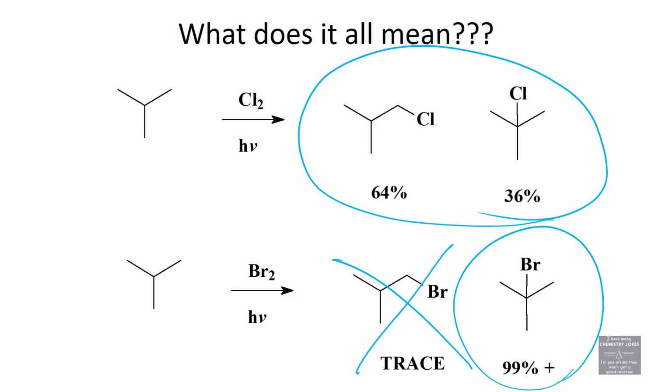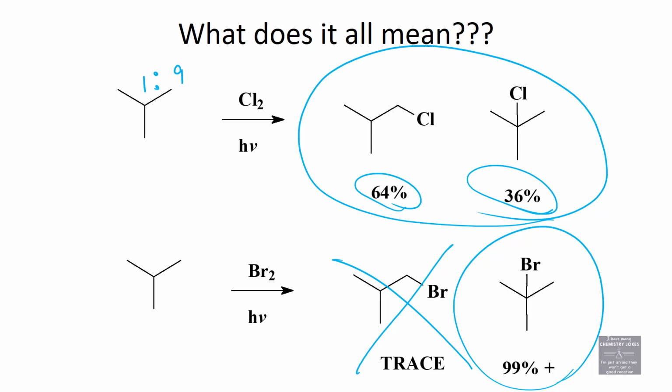So we don't see the statistical ratio of 9 to 1, but we see that statistics does actually play a little bit of a part. Do I expect you to know these kinds of percentages, 64 and 36? No. It's just statistics plays a part, stability plays a part, intermingled, that's why we get the 64-36. Who cares? We get all tertiary when it's bromine. That's the point of this.